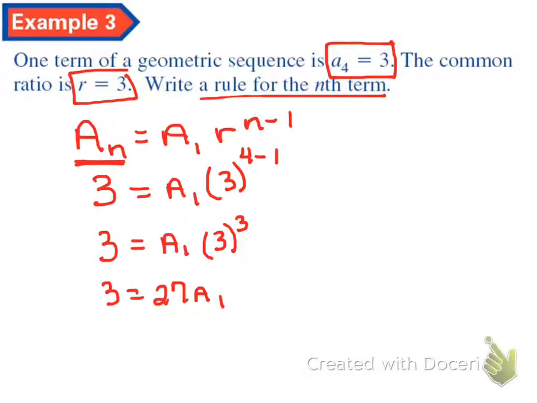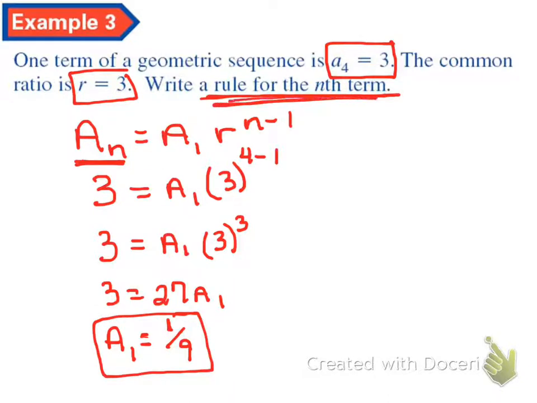Divide both sides by 27. So the first term is equal to 3 divided by 27, or 1/9. Now this is the first term. Now that we have the first term, we can come back and do what we were asked to do, which is write the rule for any term.